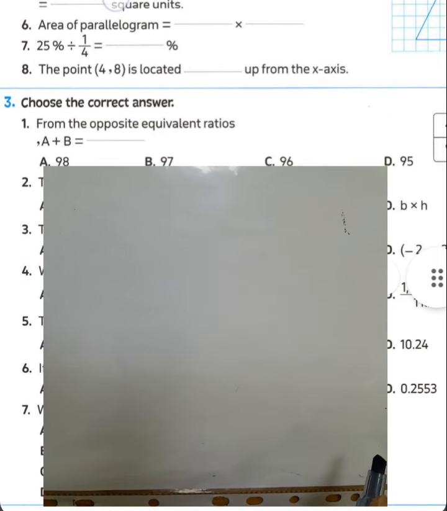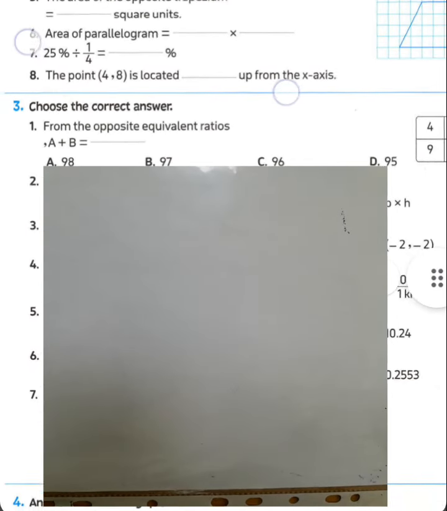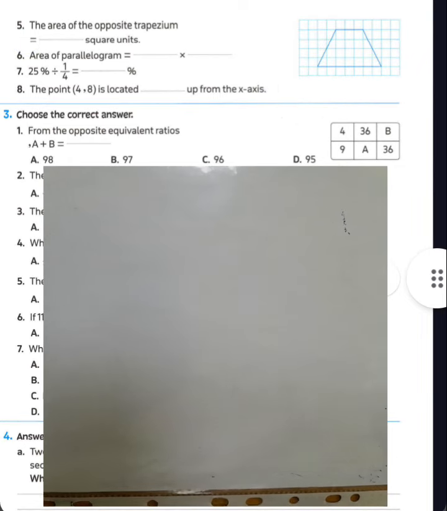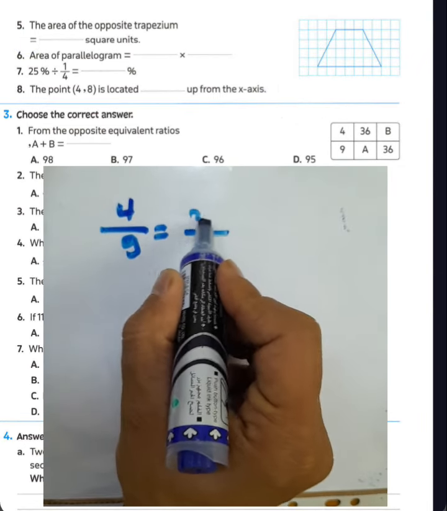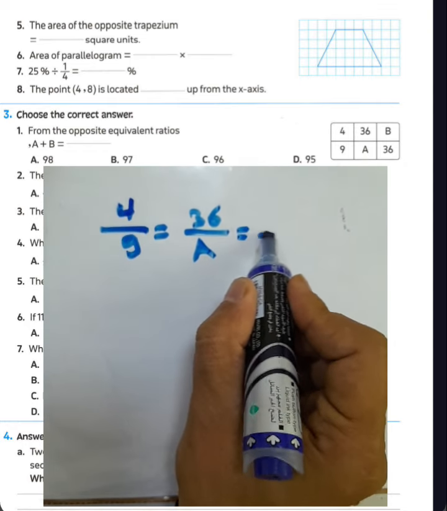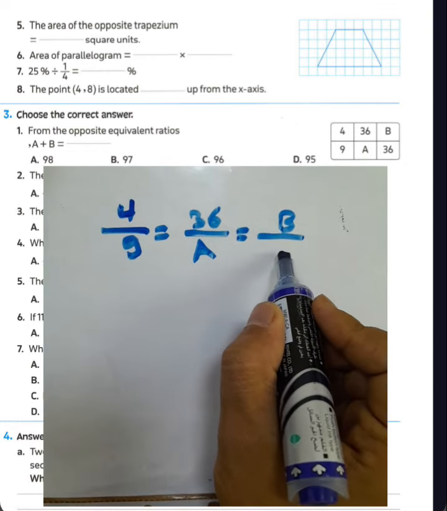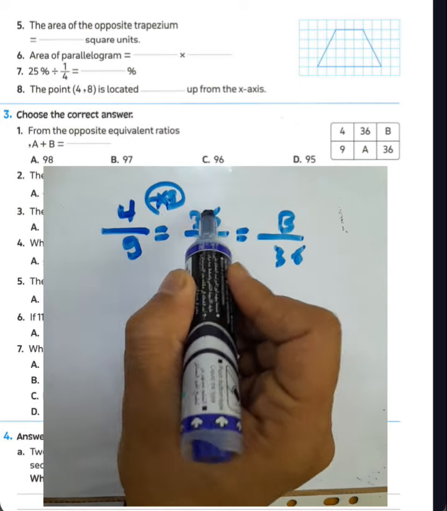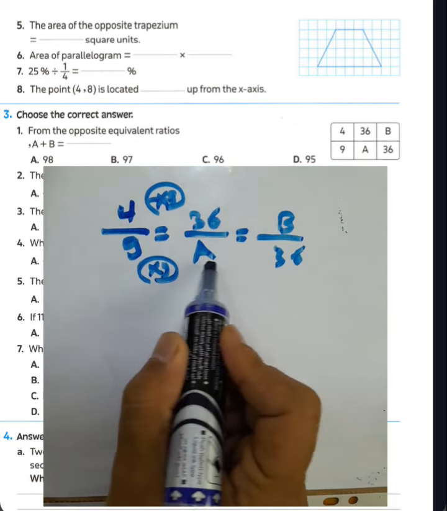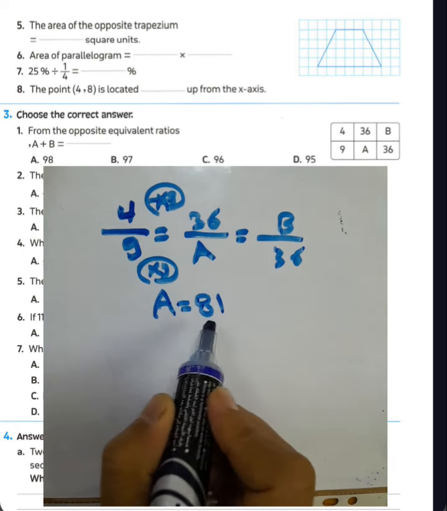Question number 3. From the opposite here, we want to find a plus b. We have 4 over 9, 36 over a, and b over 36. 4 times 9 equals 36, then 9 times 9 equals 81, so the value of a equals 81.